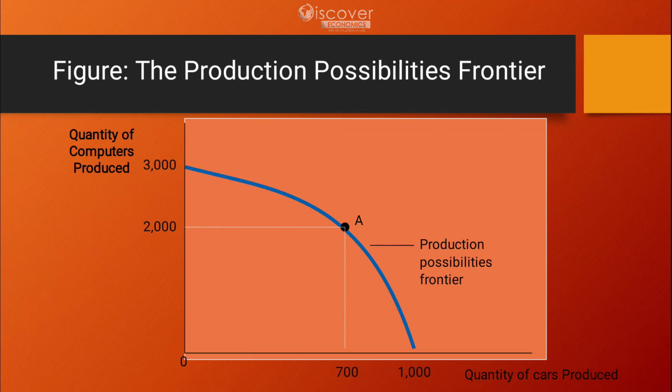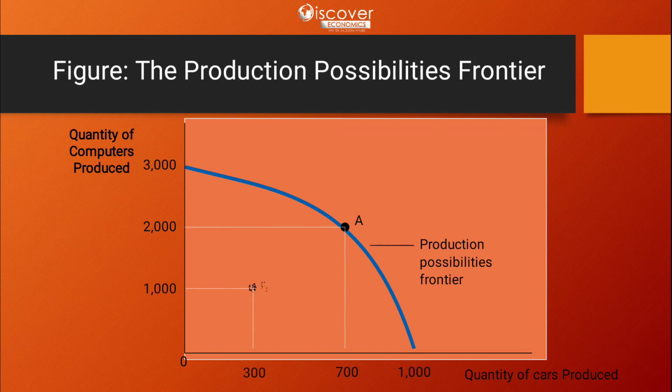For example, point A tells us that with maximum utilization of the resources, we can produce 2000 computers and the remaining resources will be able to make 700 cars. So this would be the complete optimum utilization of the resources.